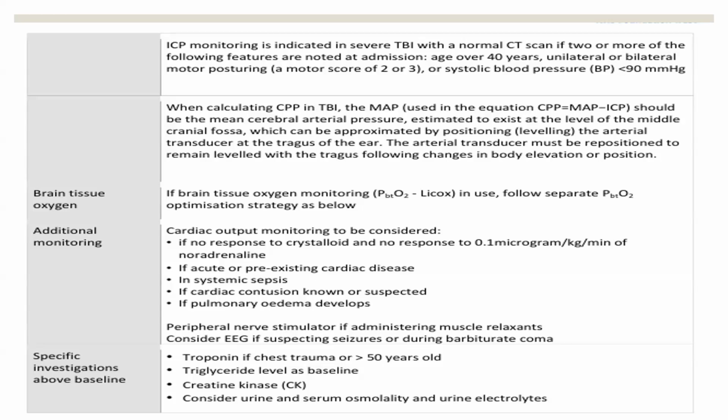Consider EEG if we are suspecting a seizure or during barbiturate coma. Troponin should be considered in case of chest trauma and if age is more than 50. Then triglyceride level as baseline. Then creatine kinase and consider urine and serum osmolality.